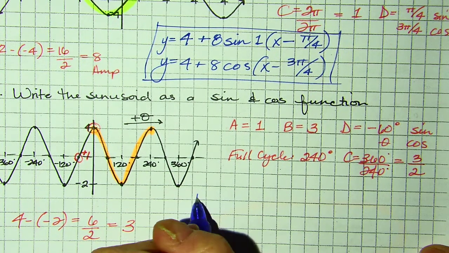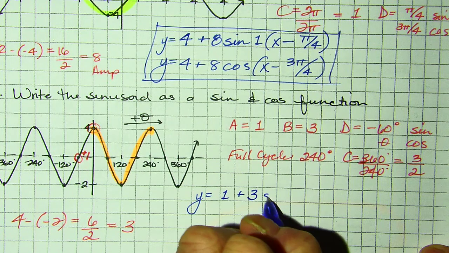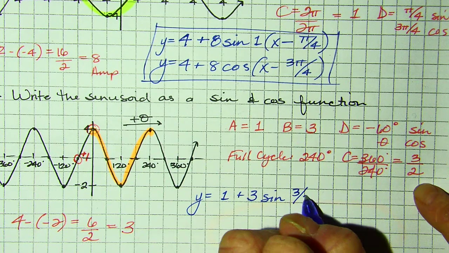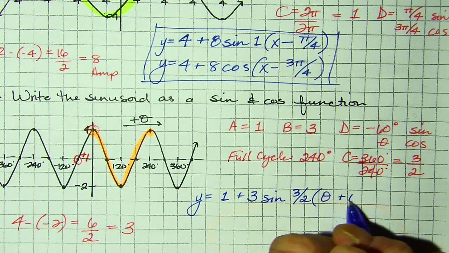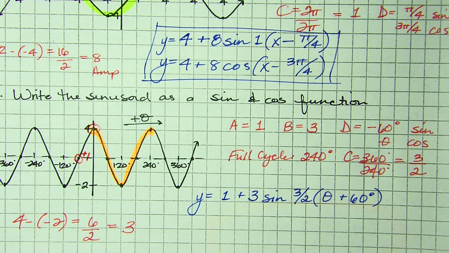So let's write our equations. Let's start with sine. So 1 plus 3 sine, our cycle, or period, sorry, 3 over 2. And then this is in theta, so theta plus 60 for sine because it's a minus, and it should be opposite in here.